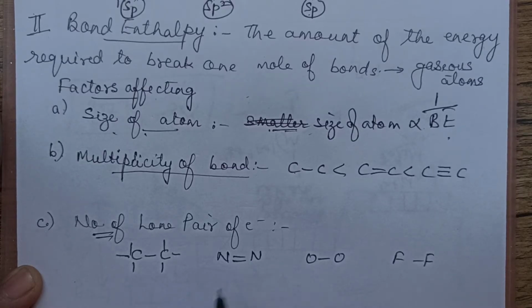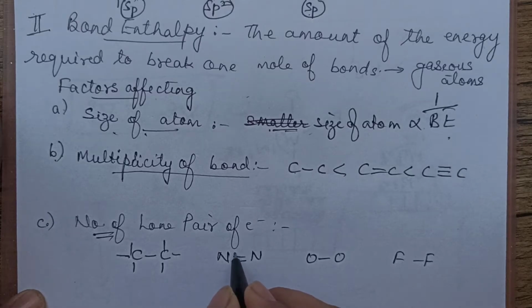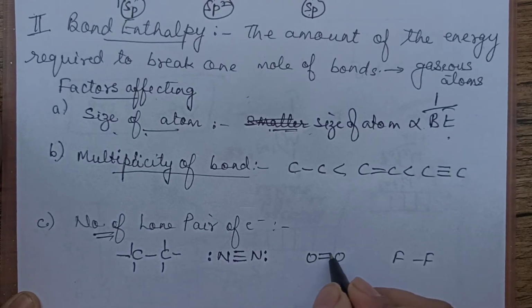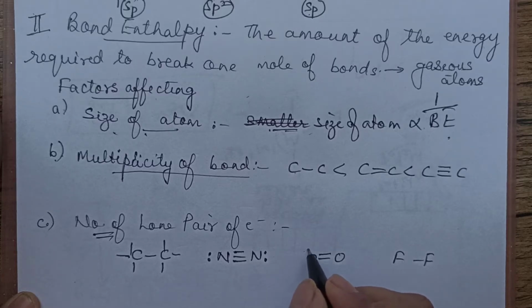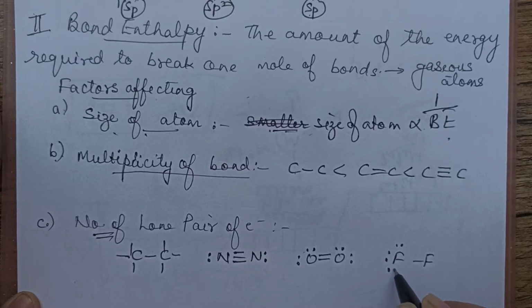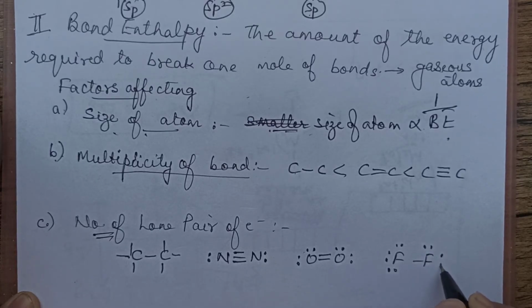Nitrogen exists as N2, so there is a triple bond present between nitrogen atoms. So triple bond means one lone pair of electrons on each. And oxygen, there will be a double bond. When there is a double bond here, you will have two lone pairs of electrons present on each oxygen. Fluorine is having a single bond. Single bond means it is having three lone pairs of electrons on it.